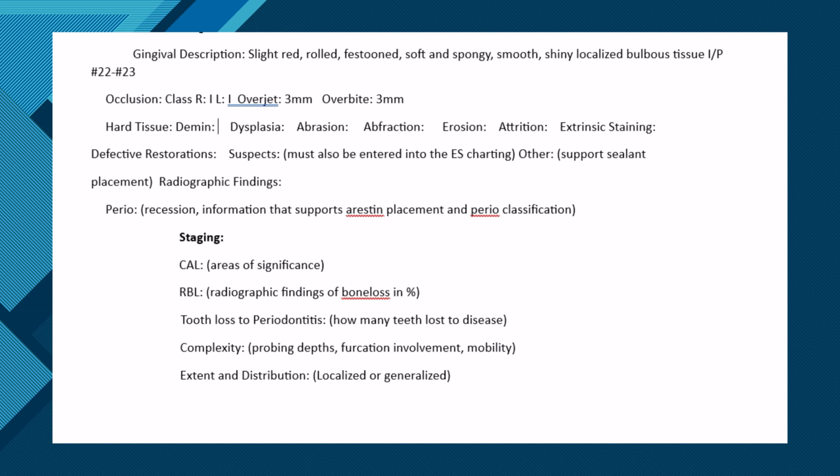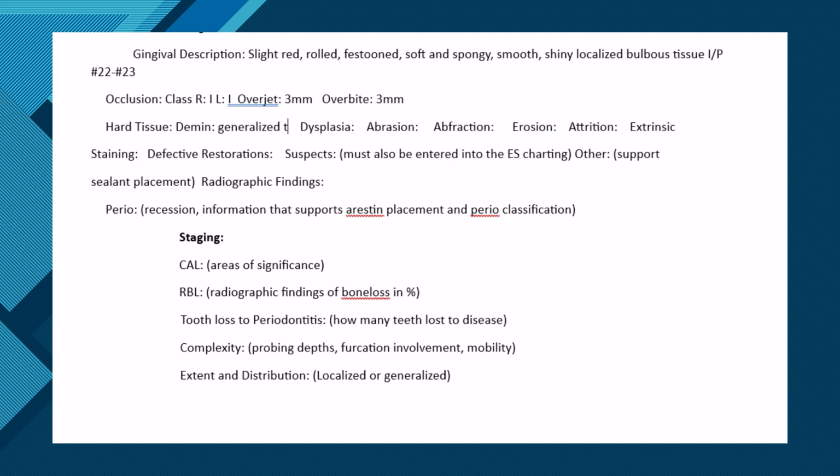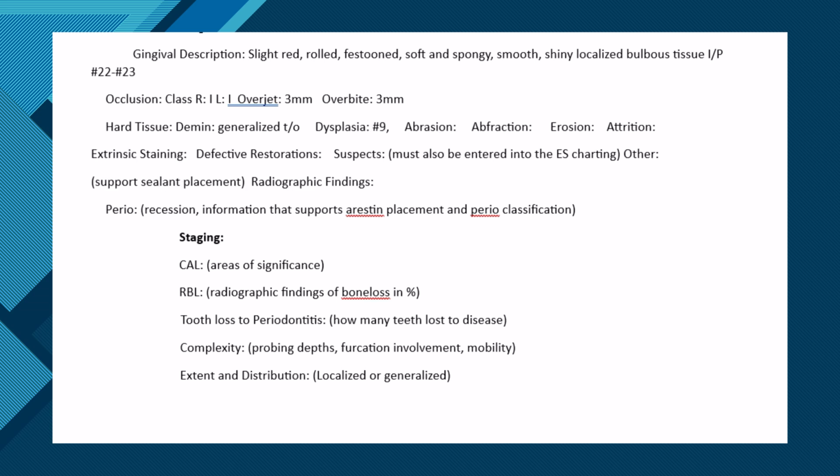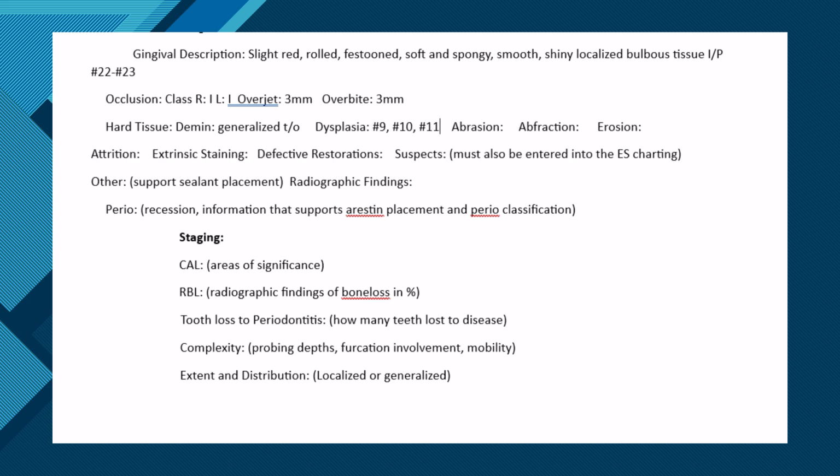I'm just going to say generalized throughout. And that's okay. Same with dysplasia. If there are specific teeth involved, that's less than 30%, we're going to put the teeth numbers. So I'm going to say number 9, number 10, and number 11.